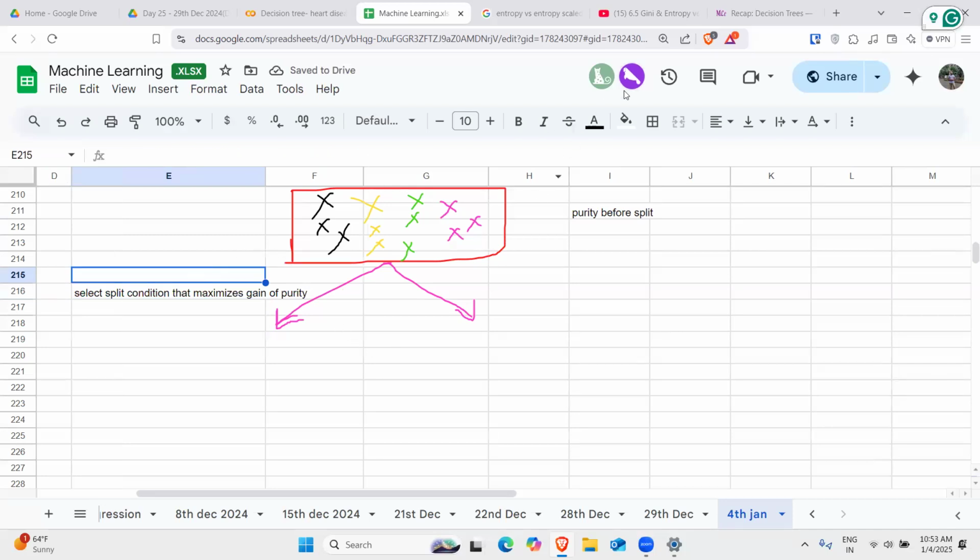Then after splitting, let's say we have these two splits, 1 and 2.